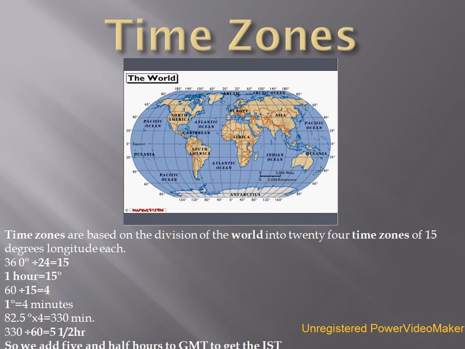For example, if it is 12 noon at GMT, we go 4 hours behind, so it will be 8 a.m. in the morning at place A on the 60-degree meridian. I repeat, when we move towards the east, we add time, and when we move towards the west, we subtract time.